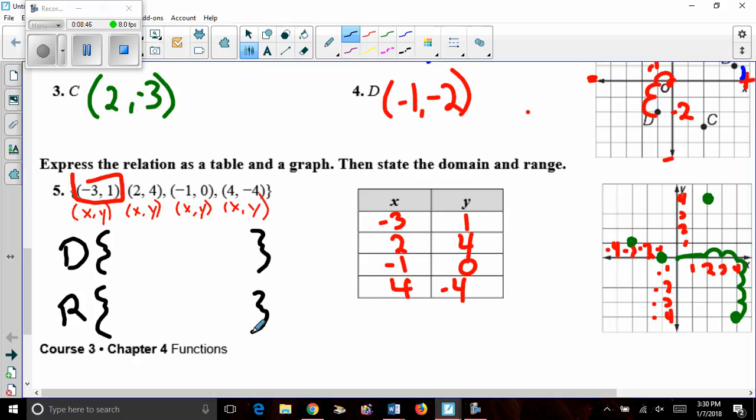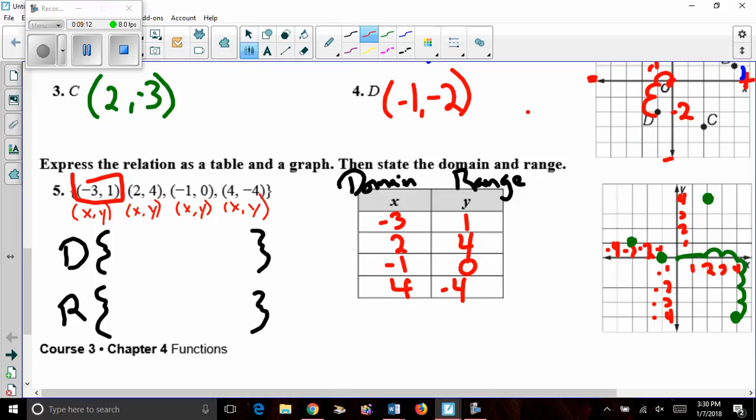Domain goes by a lot of other words. We've got pre-image, all sorts of things. What I want you guys to focus on is domain. It's just going to be your x values, where your y is your range values. And in each of those lists, we're going to write in number order.